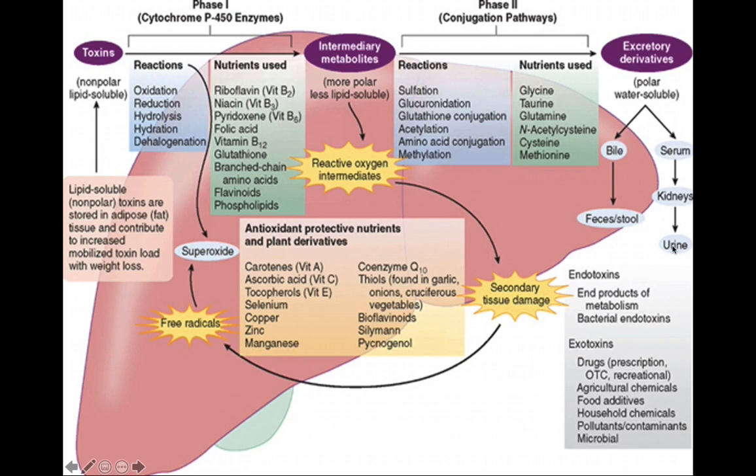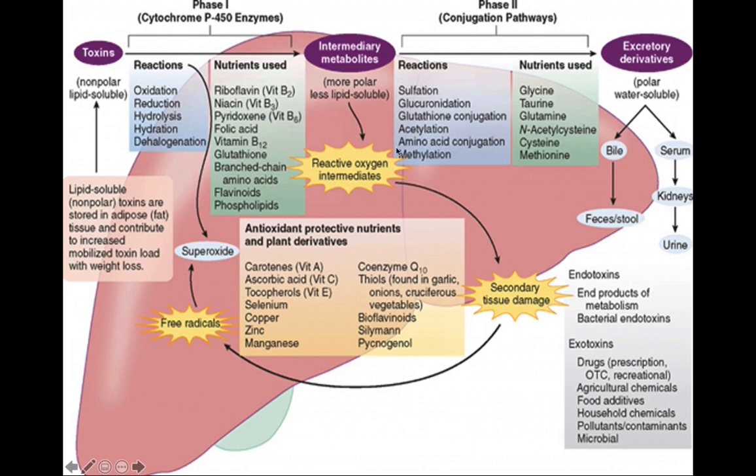If the urinary pH is 5.5, 5.8, 6.0, it's not enough to clear the toxins in one pass, so it gets reabsorbed and goes through the liver a second time, and a third time, and a fourth time, which is why we really need to make sure we have enough vitamin C, vitamin E, selenium, copper, zinc, manganese, CoQ10, thiols that are found in garlic, onions, cruciferous vegetables, bioflavonoids, to make sure that it can quench these damaging free radicals and the superoxides. Okay, so liver, very, very important organ, has a lot to do with detox.